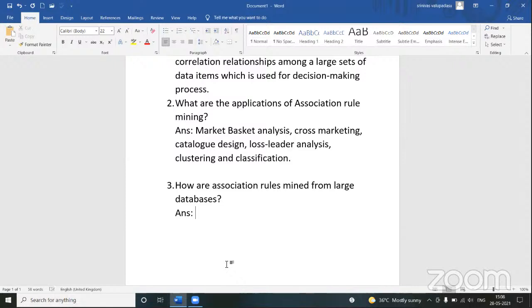The answer is, association rule mining is a two-step process. The first step is we find all frequent items. The second one is generate strong association rules from the frequent items.